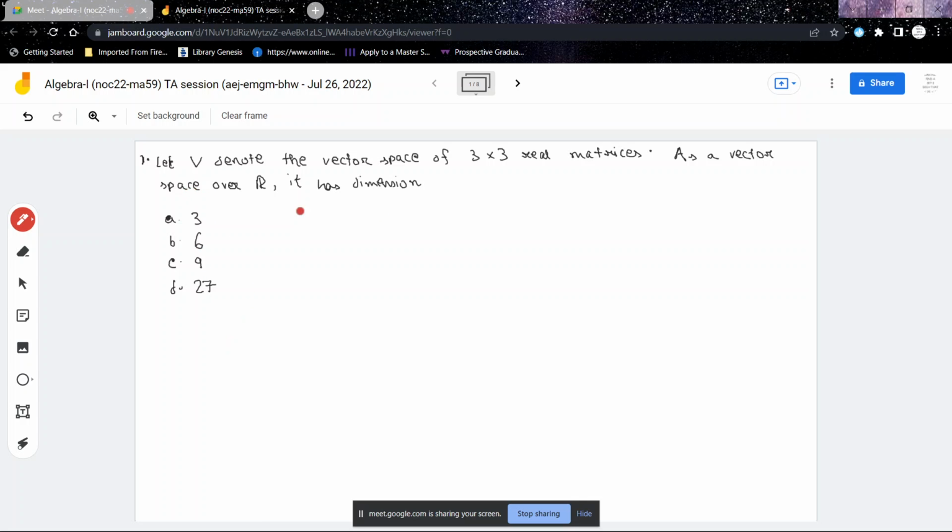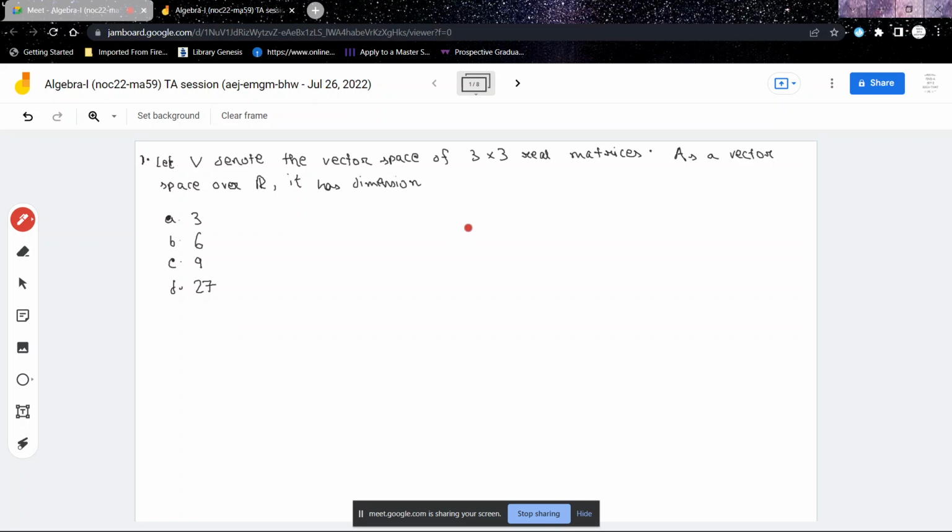So let's just solve some of the problems. This is a very simple problem, and it's concerned about computing the dimension of a very known vector space. Let me read it out. Suppose V denotes the vector space of all 3 cross 3 real matrices, and as a vector space over R, it has dimension 3, 6, 9, or 27.